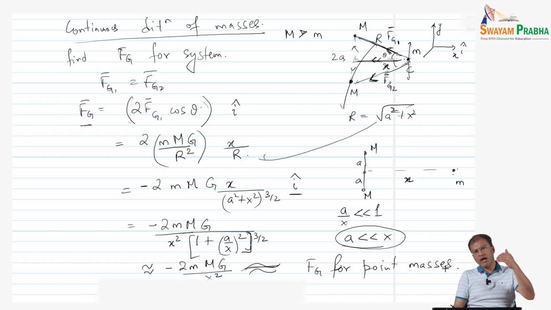So for sufficiently large distances, this gravitational force acting on this system is going to be as if the masses were point masses, right? They are not bodies. We can completely neglect the structure of the masses and assume that these masses are point objects. They are kept at singular points at distances small x along the x-axis and a along the y-axis, right? So these are gravitational forces for point masses.